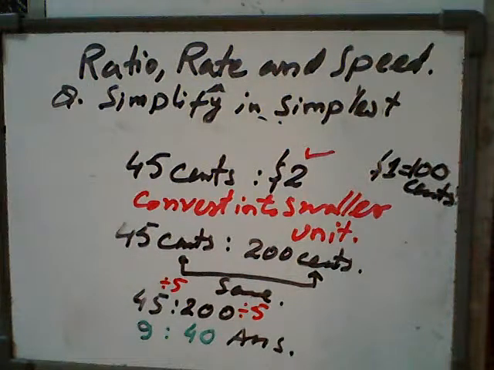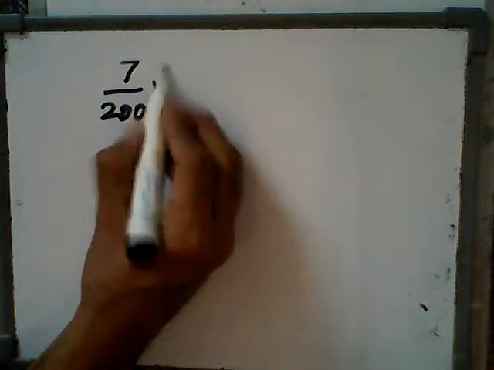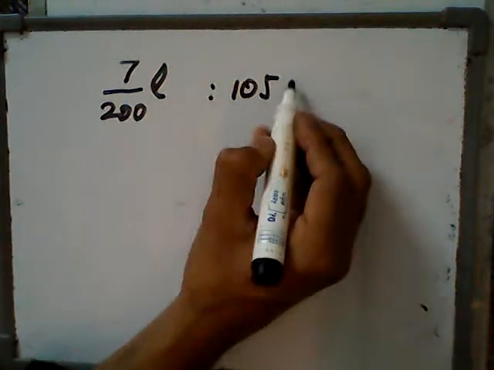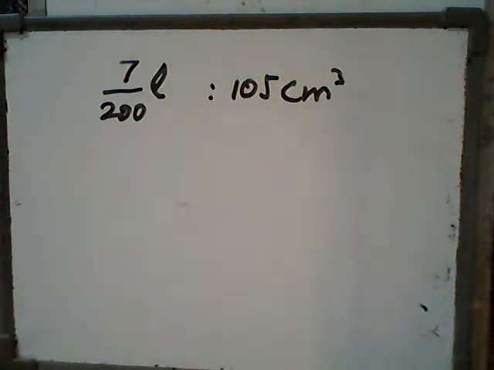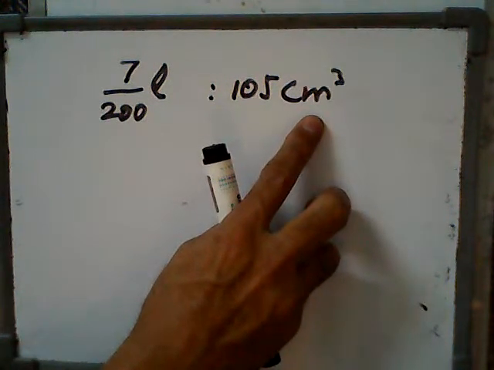Now, for another example, here is the question of writing 7 by 200 liter ratio 105 centimeter cube. This is about volume.